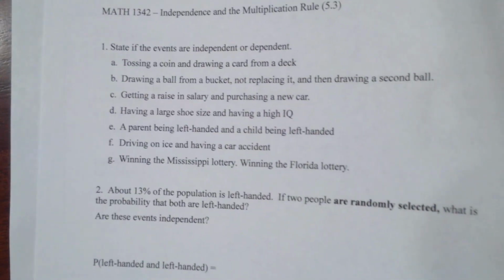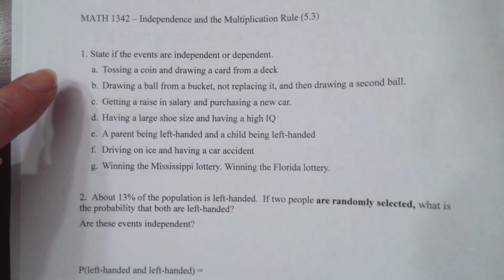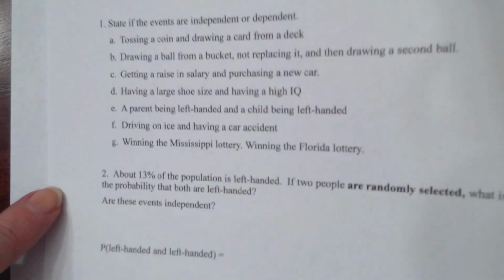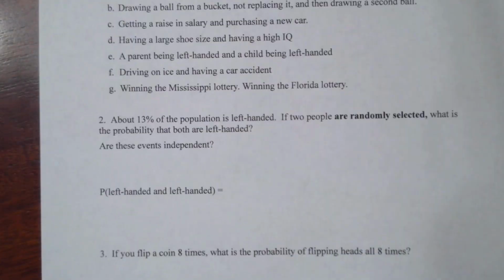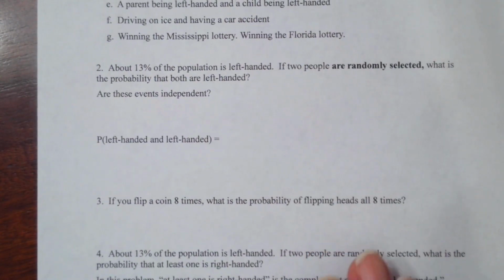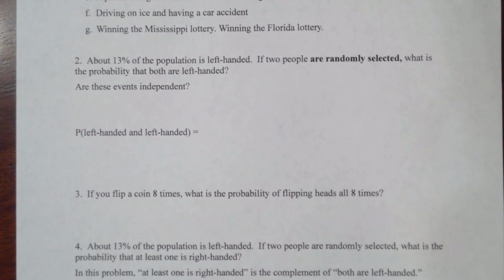I actually had a worksheet, and the problems with dependent and independent events I did earlier, we're actually on number 2 here. So I'm just going to go ahead and switch here to number 2. It says about 13% of the population is left-handed. If 2 people are randomly selected, what is the probability that both are left-handed?